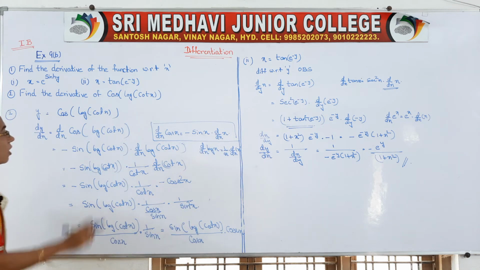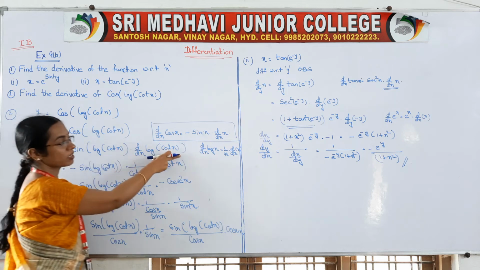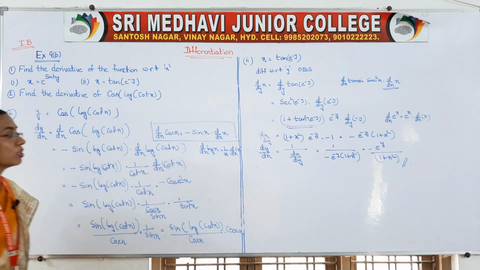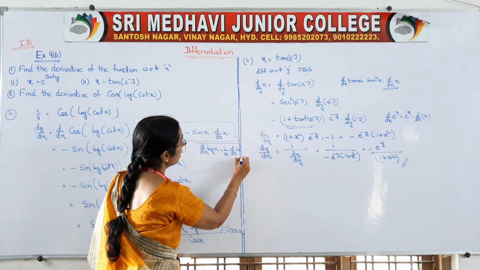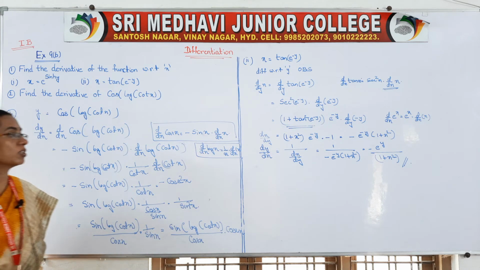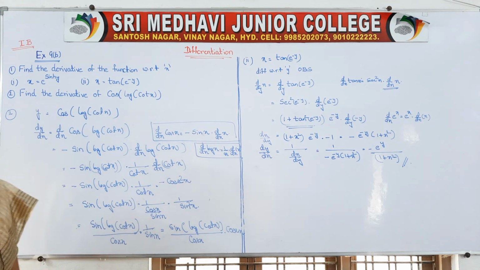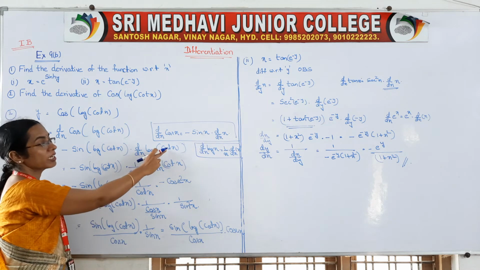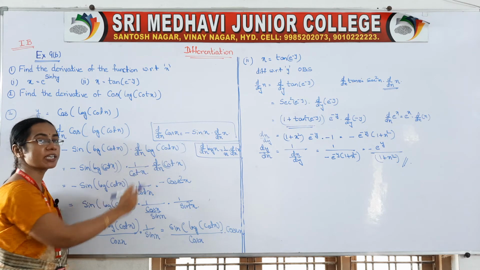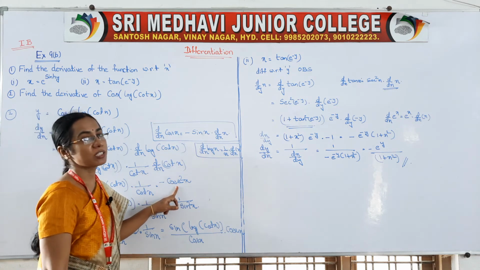In this, it is log of some variable, so we take another formula: d by dx of log of any variable is equal to 1 by the variable into d by dx of that variable. Here cot x is the variable, so 1 by cot x into d by dx of cot x. The d by dx of cot x formula is minus cosec square.